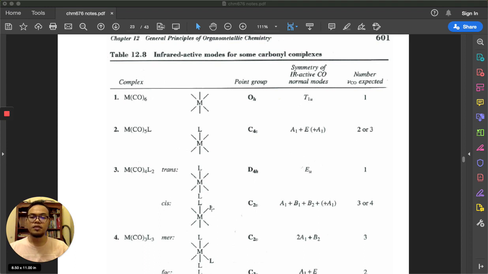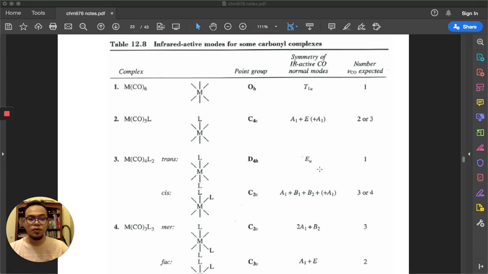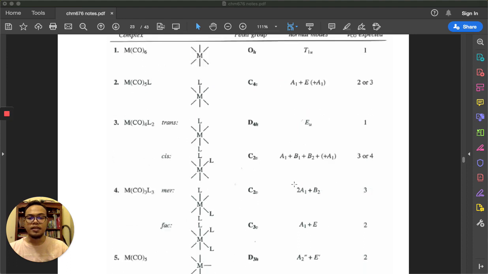You might be given the structure of trans and cis, and you will be required to differentiate these two compounds. How do you do that? It depends on the number of stretching frequencies on your IR spectra. For trans, normally you will see 1 stretching frequency, but for cis, normally you will be expecting 3 or 4 stretching frequencies. Please focus more on this particular part.